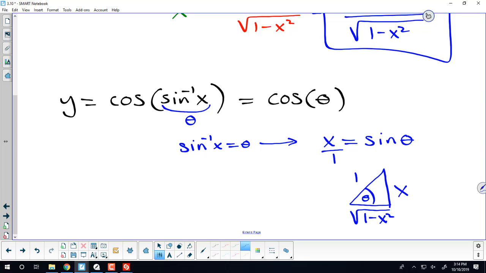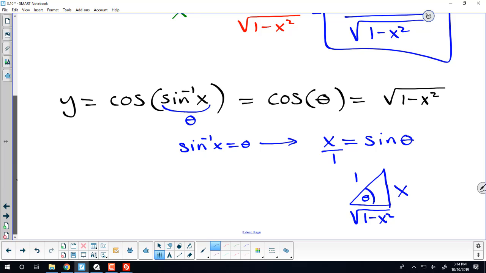You find that to be the square root of 1 minus x squared. So what's the cosine of theta? Adjacent over hypotenuse. So cosine of theta is just the square root of 1 minus x squared. In other words, the cosine of inverse sine of x is the square root of 1 minus x squared.